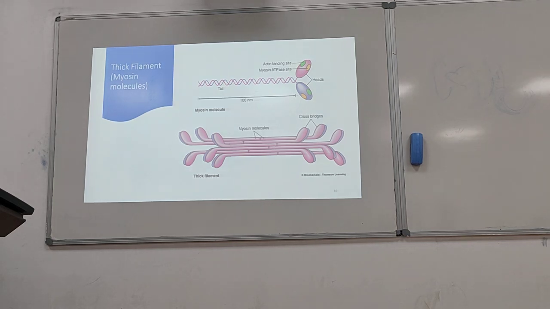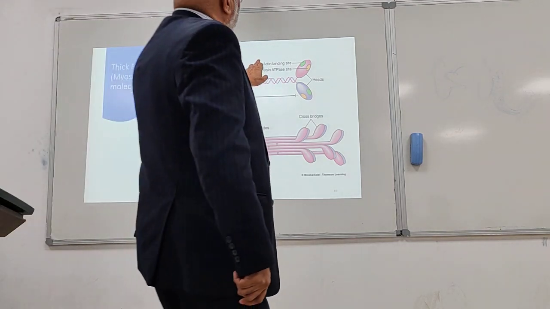Tell me 2 special points of the head of myosin. Number 1, it has got an actin binding site. Remember actin? It can bind with actin. What is binding? To join. Number 2, it has got an ATPase site.